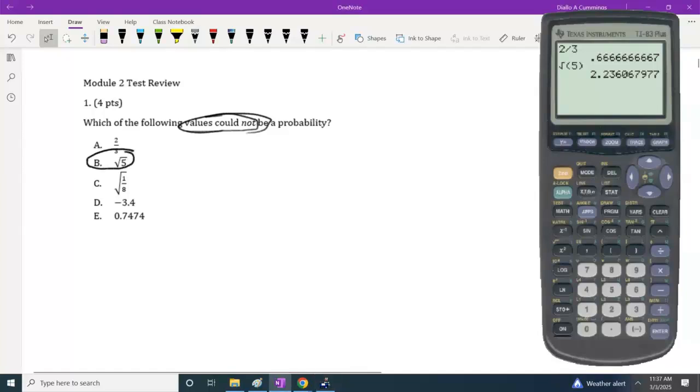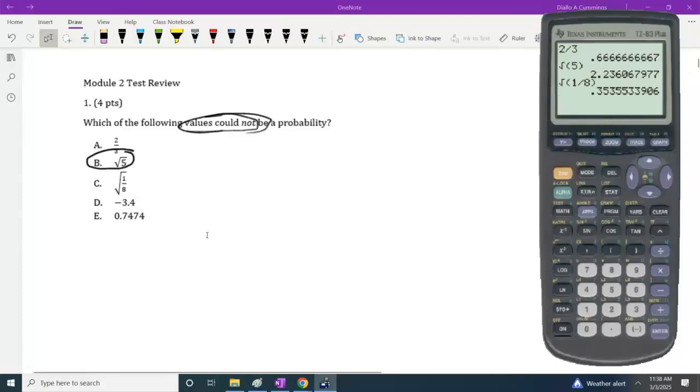So this is one of my answer choices. So I'm not looking for the numbers that can be. We're looking for the numbers that could not be. So the numbers greater than 1 or less than 0. If we look at C, the square root of 1/8, if I were to decimalize that, I get a number in between 0 and 1, so that's not an answer choice.